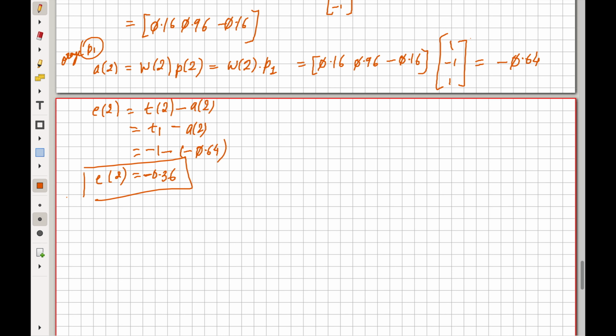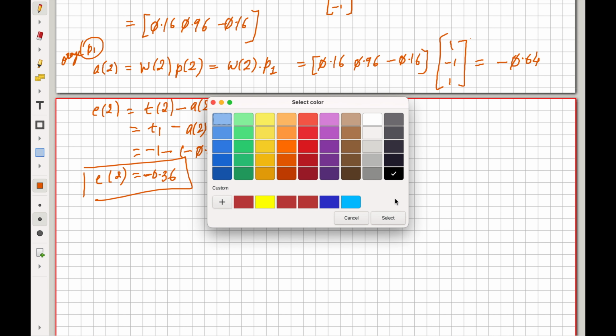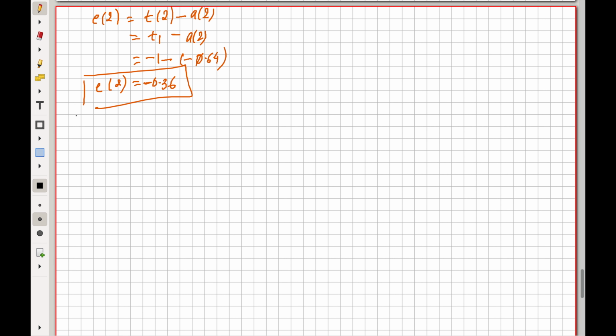Okay, it's time to repeat all the steps again, and I will stop here. We would have to calculate the new weights again. These are the new weights equal to the old weights, and the formula stays the same: 2 alpha E2 dot P transpose 2. If you plug in all the values, I already have the final weights here.